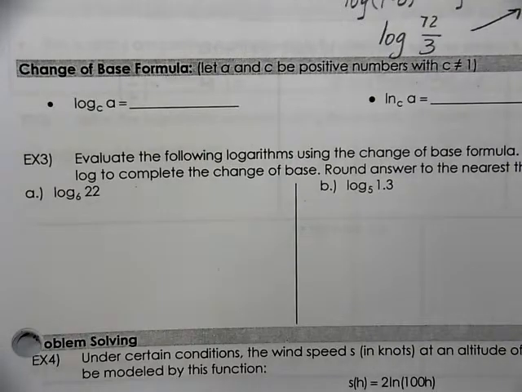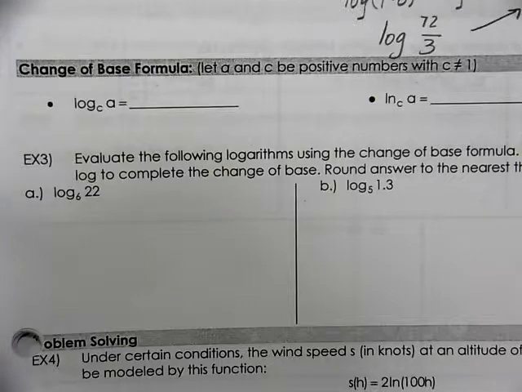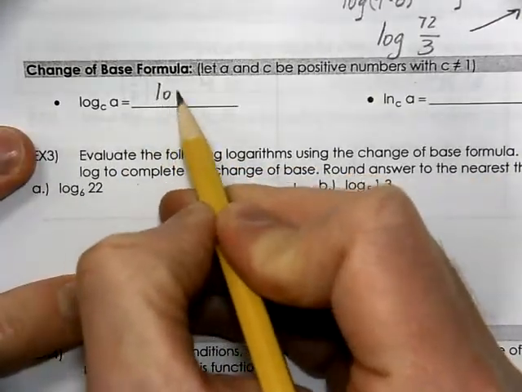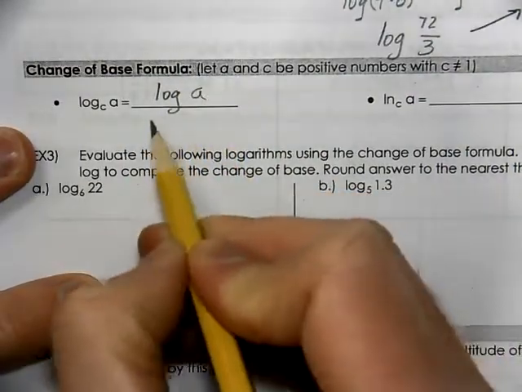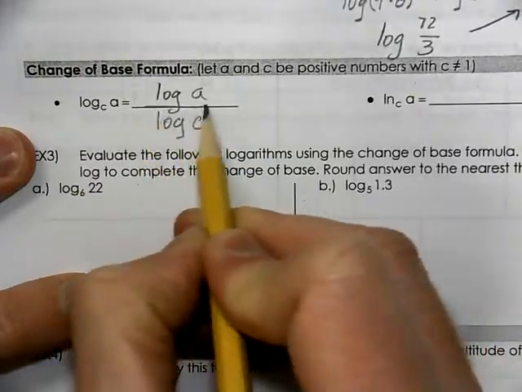The Texas Instrument 84, TI-84, there are ways that you can change that bottom base. But want to be sure that you're familiar with the change of base formula, which is typically we can just say log of A over log of C, and that's a fraction.